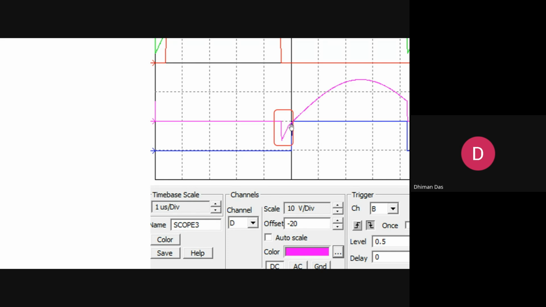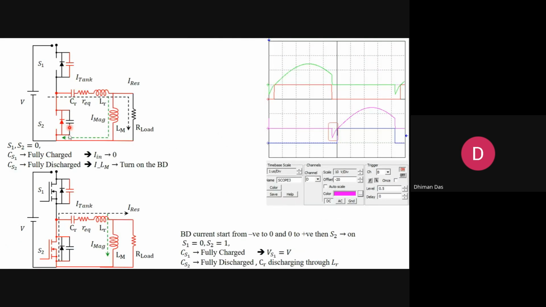Now when it goes from 0 to positive, the power dissipation along this path is the voltage drop across the body diode multiplied by your current.